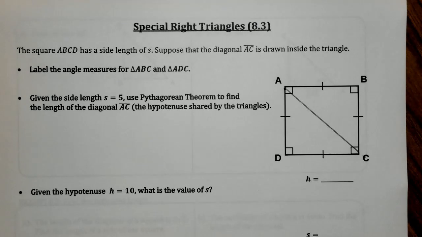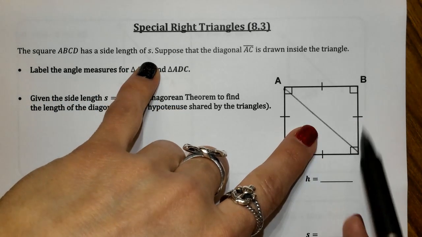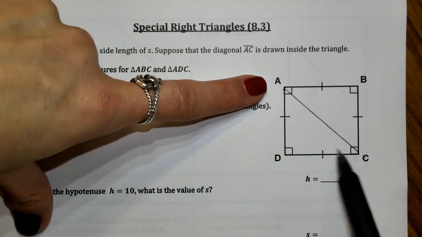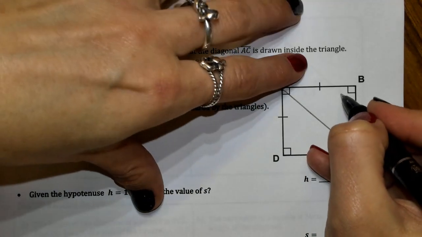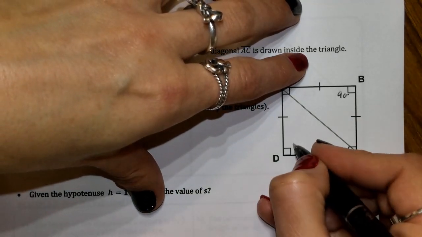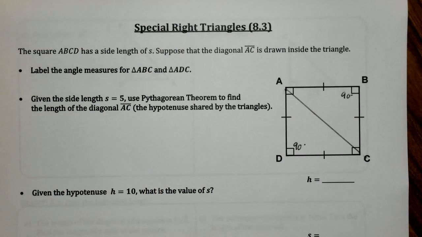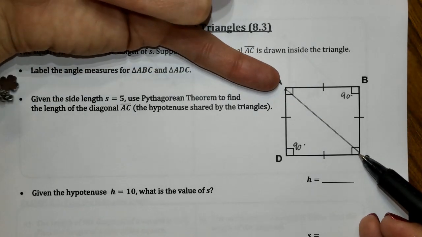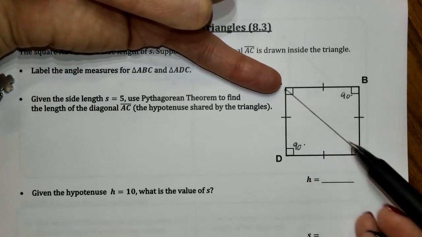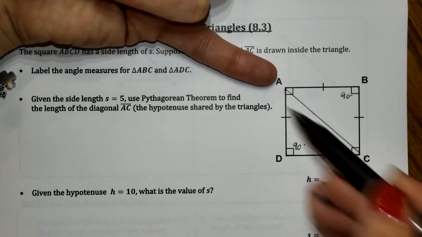The first bullet point asks us to list the angle measurements for triangle ABC and for ADC. Well, we already know that angle B and angle D are 90 degrees. With a square, a property that it gets from the rectangle is that we have 90 degrees. A property it gets from the rhombus is that the diagonal will bisect, or cut in half, the angles.